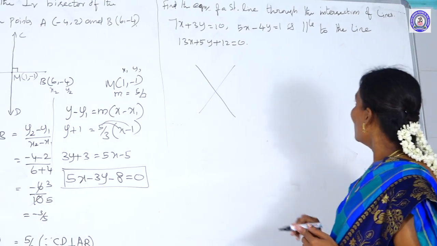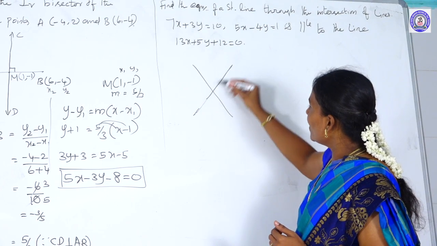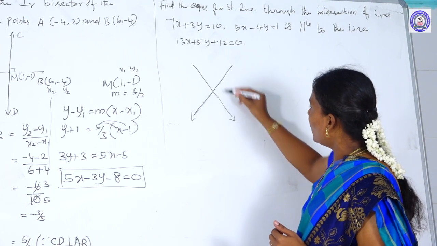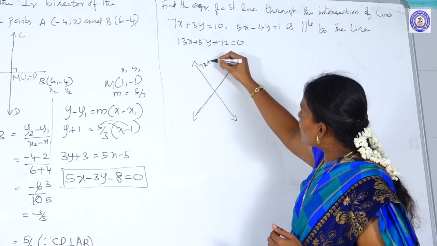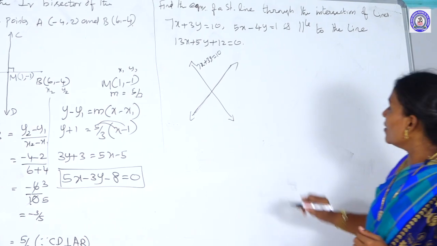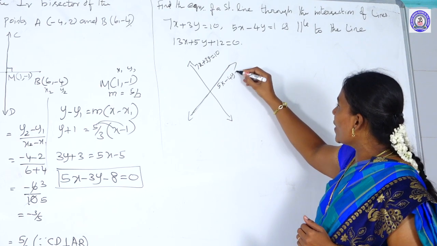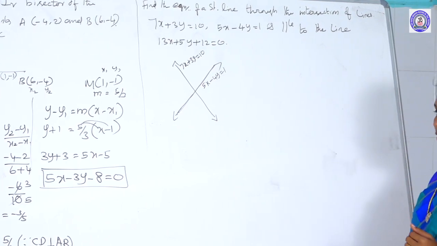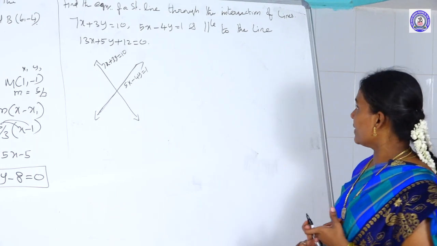Two lines intersect. The equations of these lines are 7x plus 3y is equal to 10, and one more equation, 5x minus 4y is equal to 1.